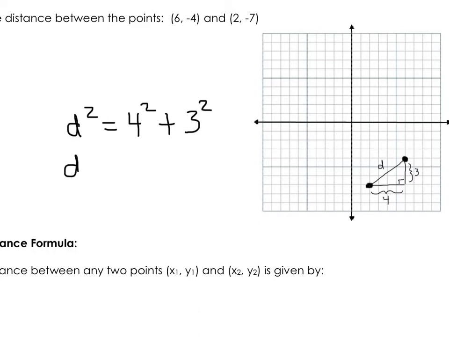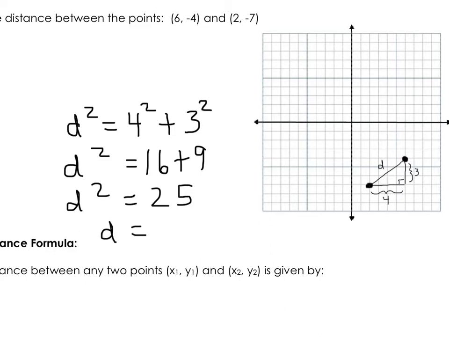So the hypotenuse squared equals 16 plus 9. So the hypotenuse squared equals 25. So the hypotenuse must be 5. That's our distance.